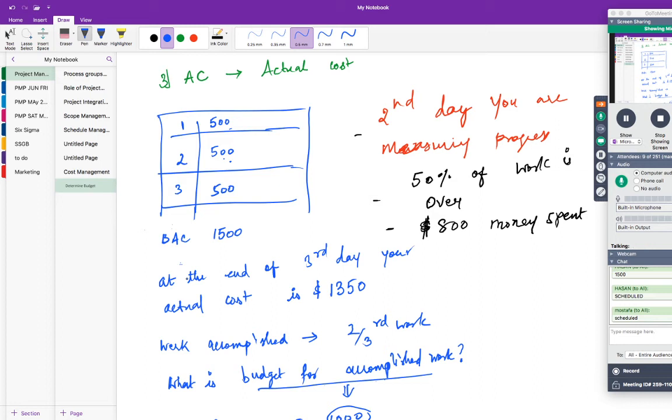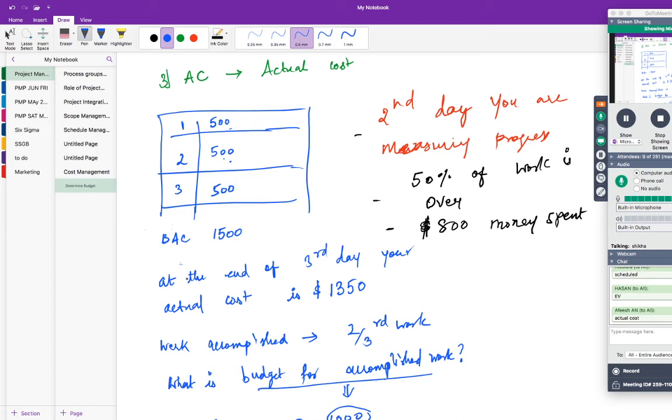You're right, Hasan and Mustafa. It is for schedule. It is the budgeted cost for the work scheduled. So which is the budgeted cost for the work performed? 1,000, which is your earned value.